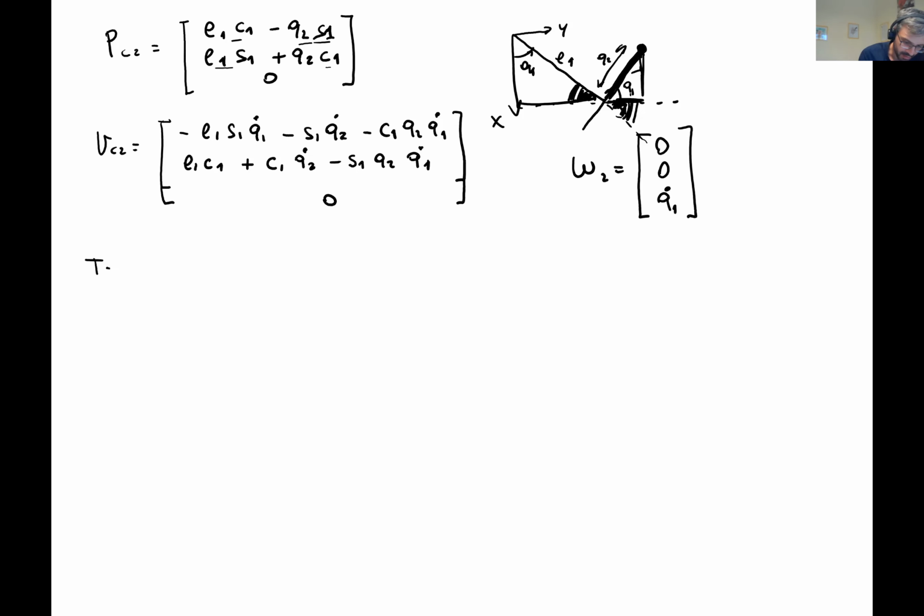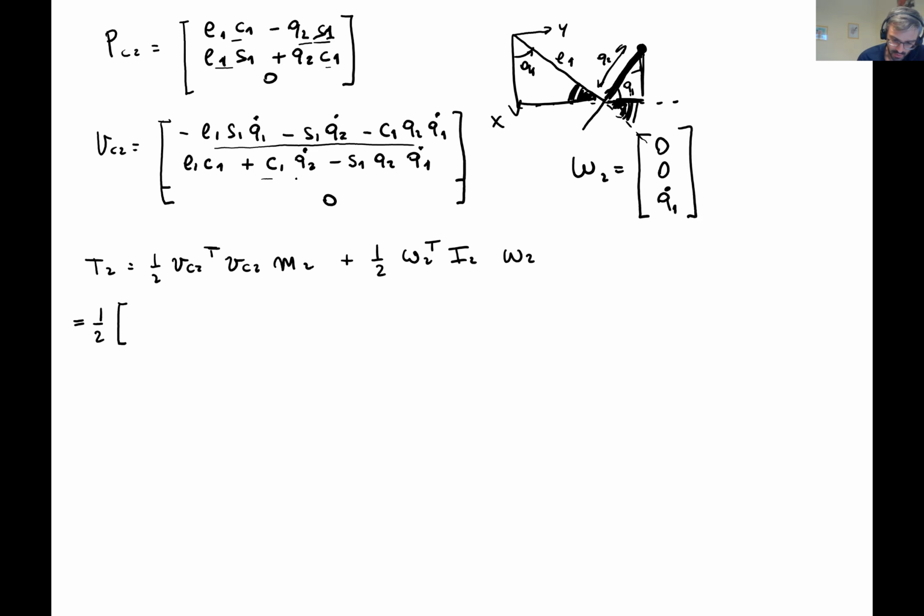Now if we compute the kinetic energy for this link, we get 1/2 times the square of this plus the square of this, because this is a Euclidean norm.